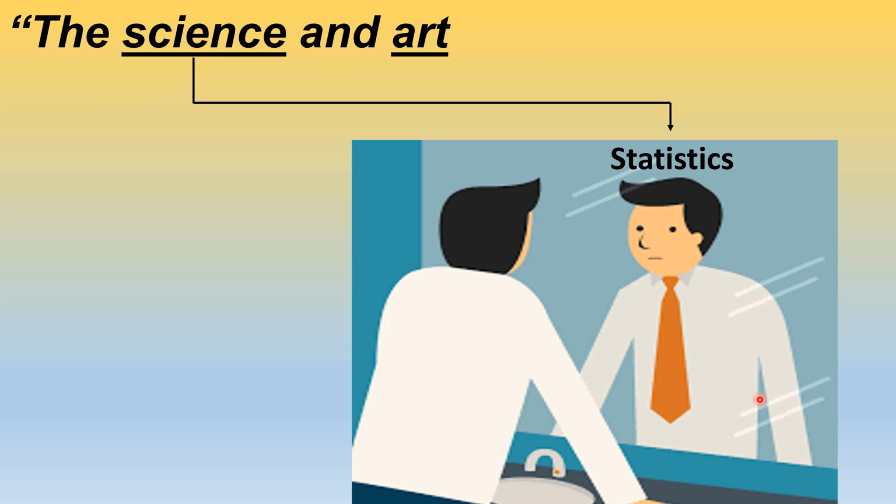And that will be the end of statistics: what you see in the mirror, what you read in the data, what you see in the output of the statistical analysis, which is the science aspect. And that's very easy. You will see how automated the scientific aspects of statistics are using simple software or even your calculator.